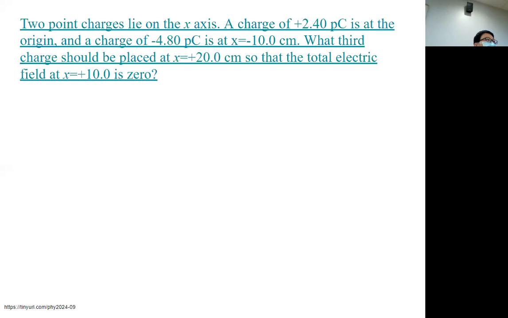It's asking what third charge should be placed at x equal to 20 so that the total electric field at x equal to 10 is 0. Should be 10 centimeters here.